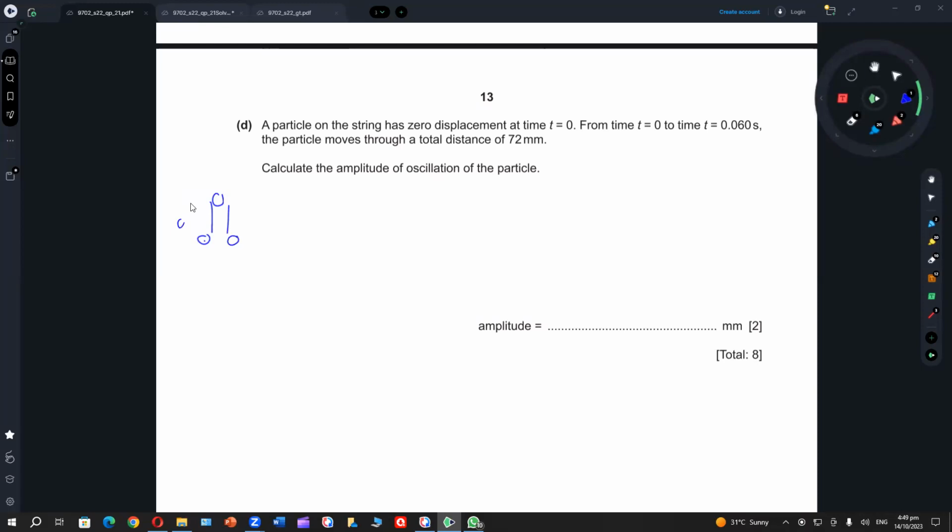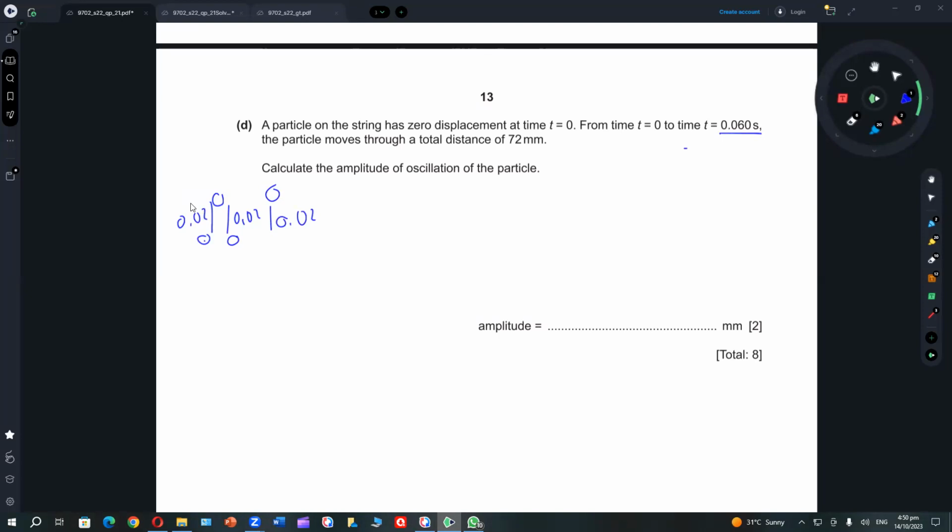So it is 0.02, and the cycle will be 0.04, but we have to cover 0.06. So it will make another half cycle. It will go up once again, so another 0.02. This is how the motion is. The particle will actually make 1.5 cycles.